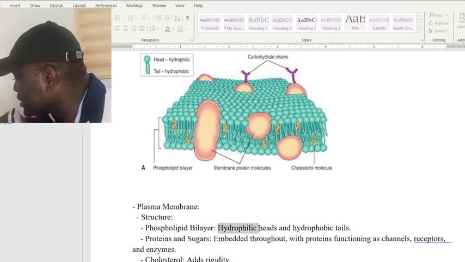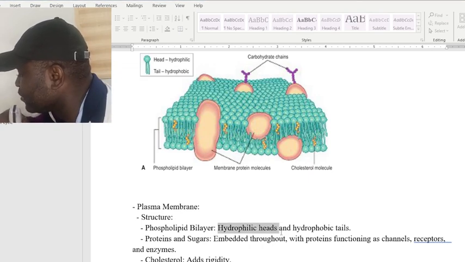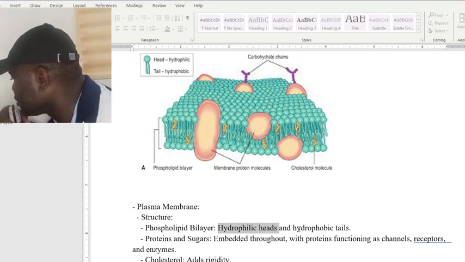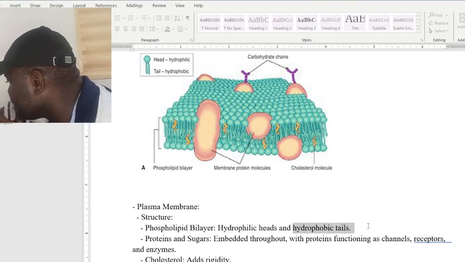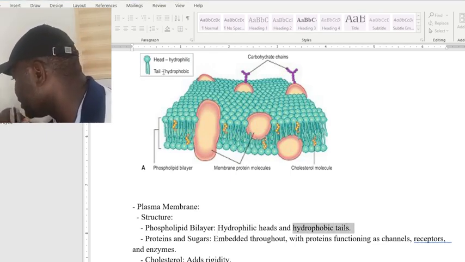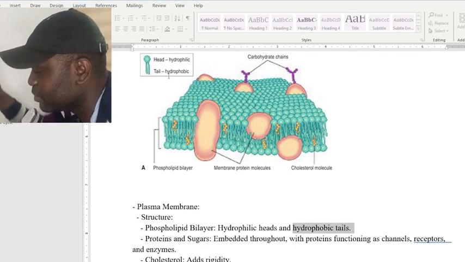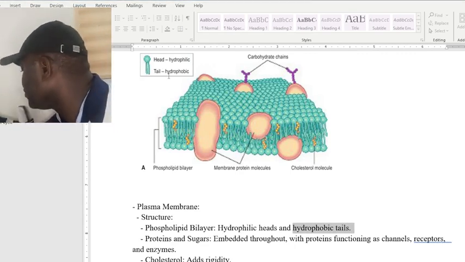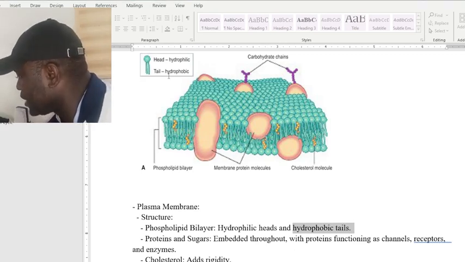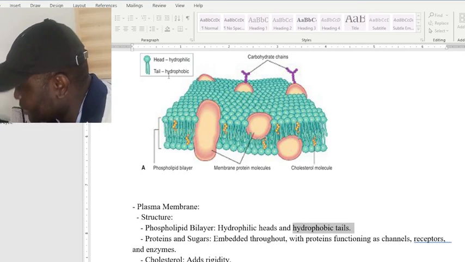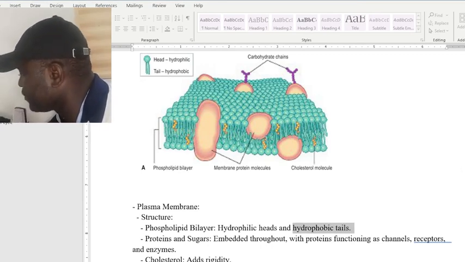The phospholipid bilayer is arranged in such a way that the tails are locked into each other, while the heads are on the opposite ends. So please remember, the plasma membrane is a phospholipid bilayer with hydrophilic heads and hydrophobic tails.